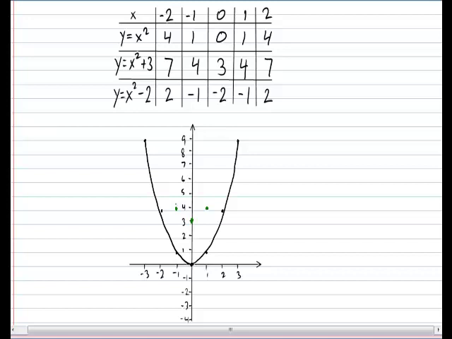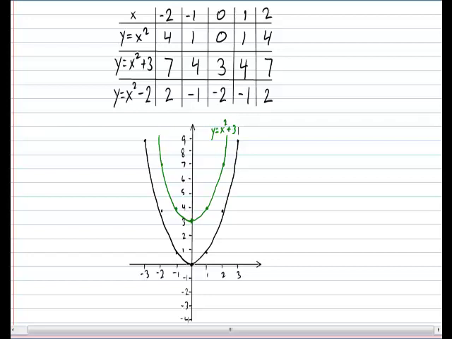And when x is minus 2 or positive 2, the y value is both 7. So that would put it about there. And I would put this about there. And draw your parabola. Let's label that as y equals x squared plus 3. Okay, now you can clearly see that that parabola actually moved up on the Cartesian plane by 3 units.